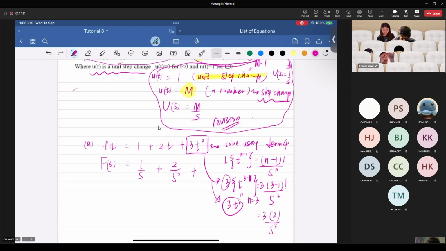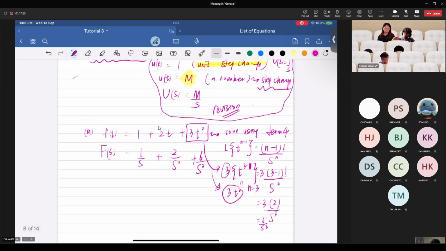So this is the answer. So I will get the answer of 6 over s power 3. 6 over s power 3. Okay.